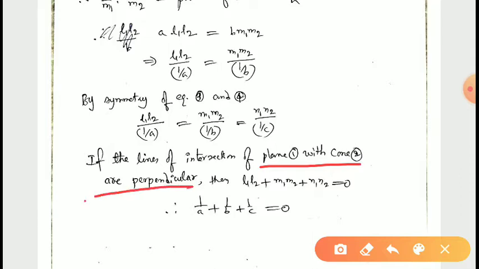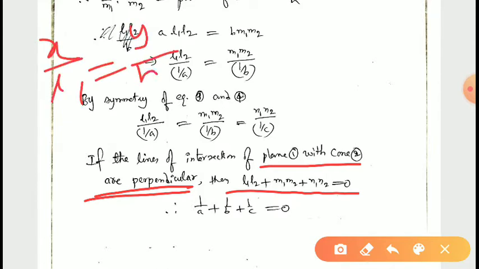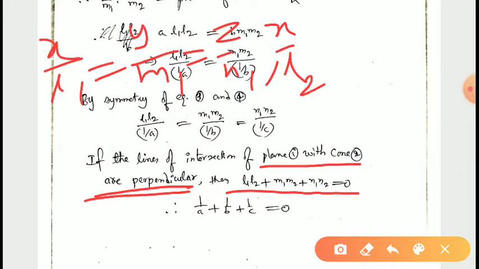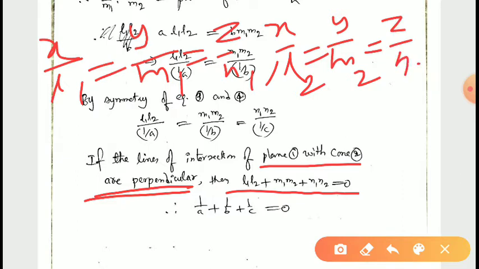For example, if x/L1 is equal to y/M1 is equal to z/N1, and x/L2 is equal to y/M2 is equal to z/N2.